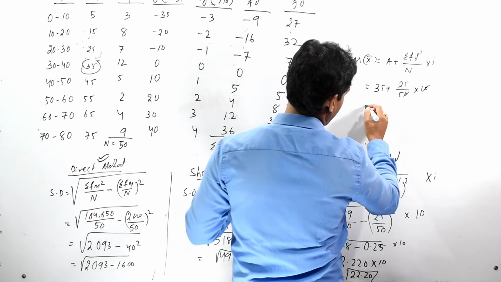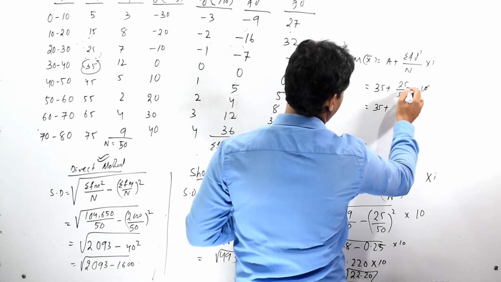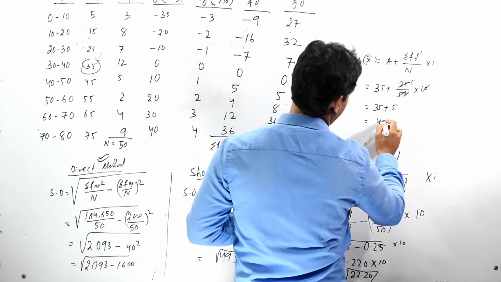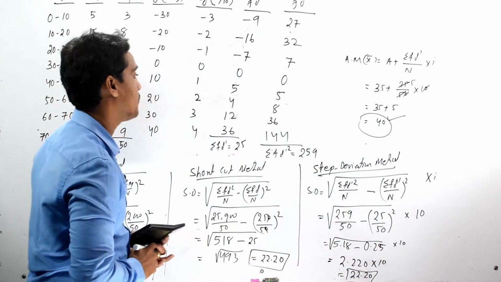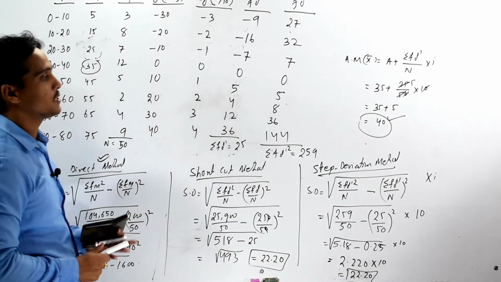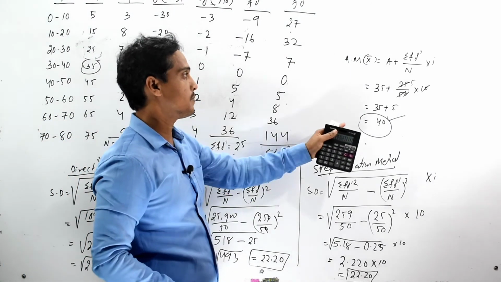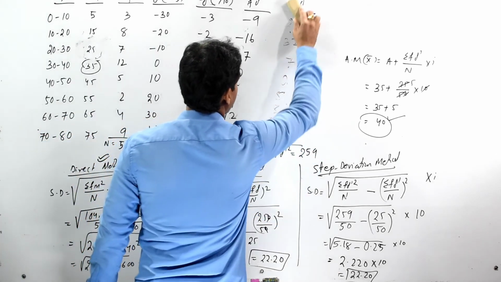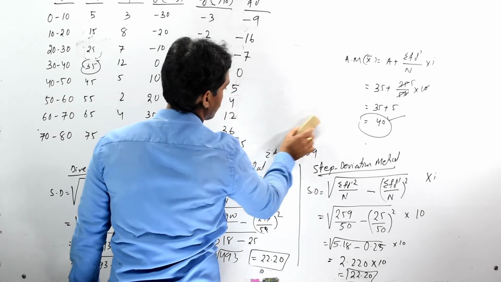10. So the zeros cancel, 35 plus 25 by 5, that is 5. So 35 plus 5 equals 40. So here the arithmetic mean of the given series is 40. For calculating standard deviation by using the arithmetic mean method, there is no need of summation fd dash square.